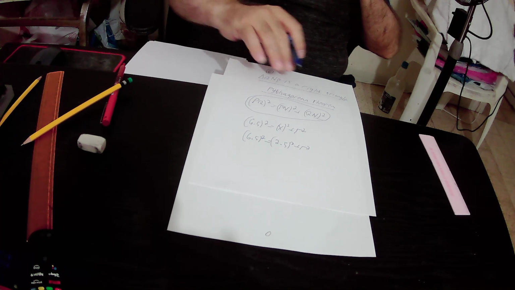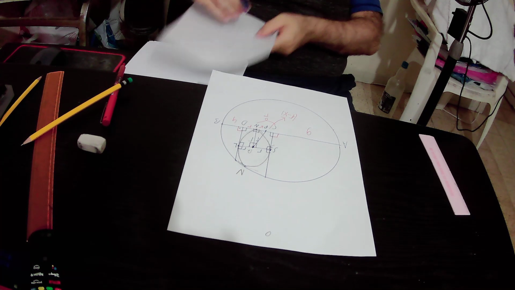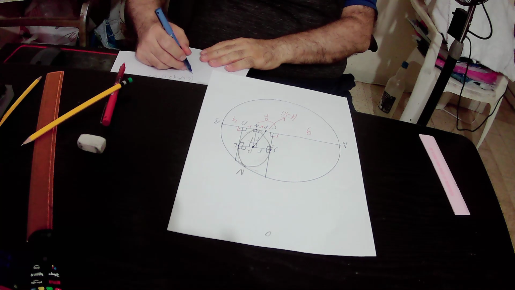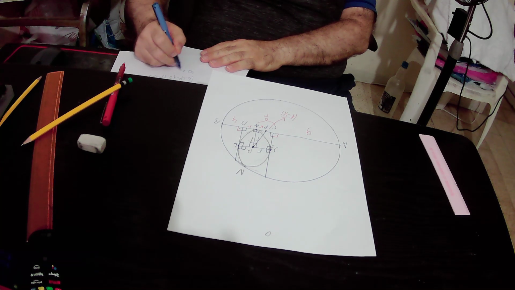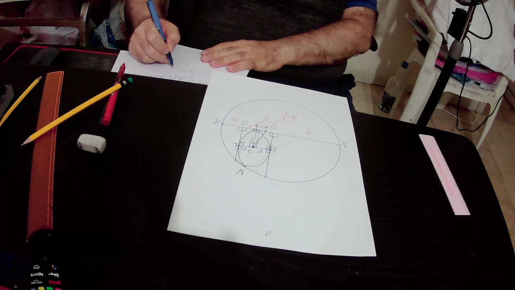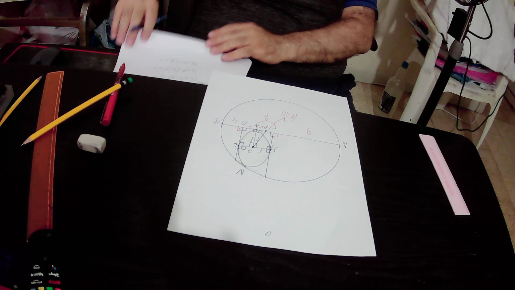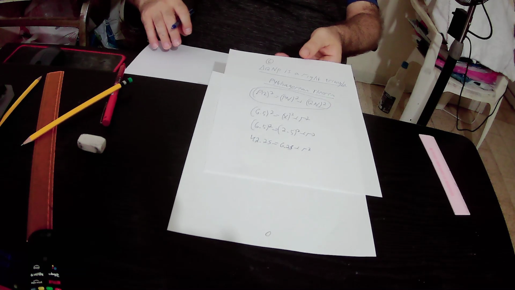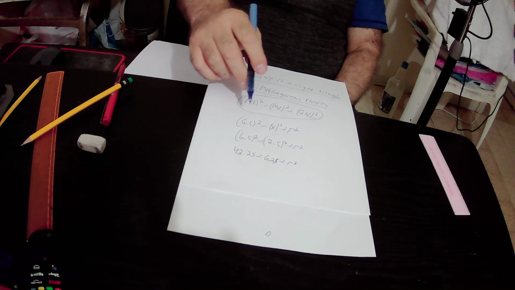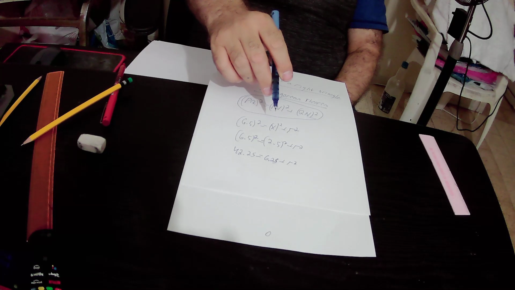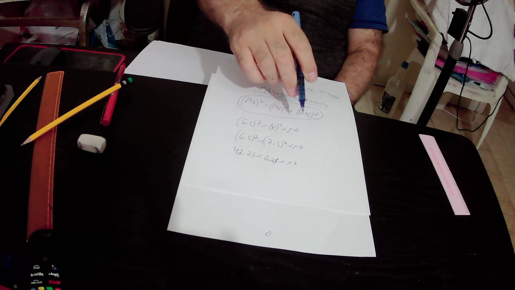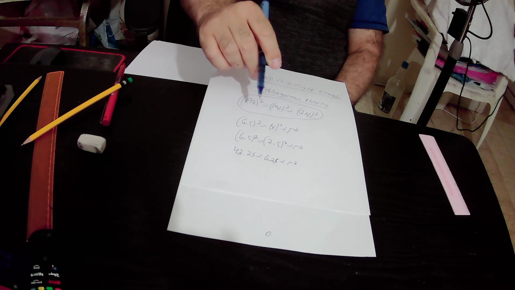Okay, so I write it down. 42.25 equals 6.25 plus r square.